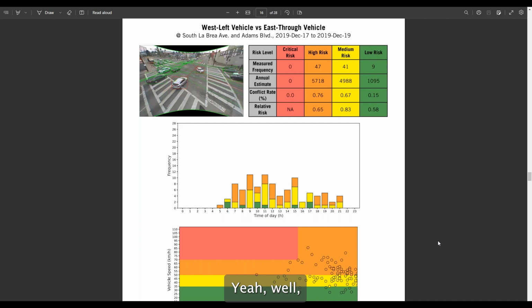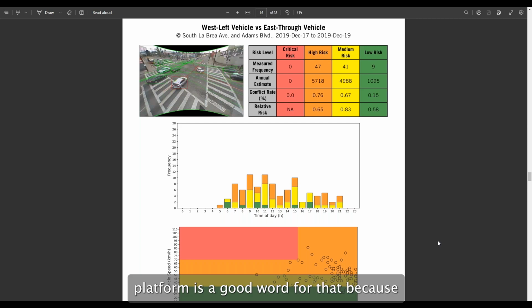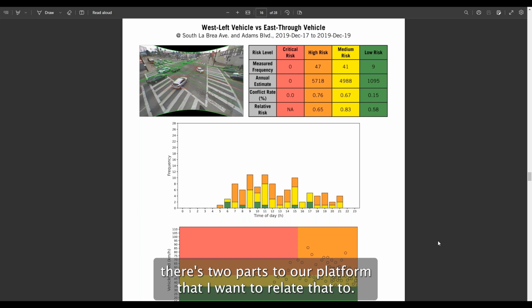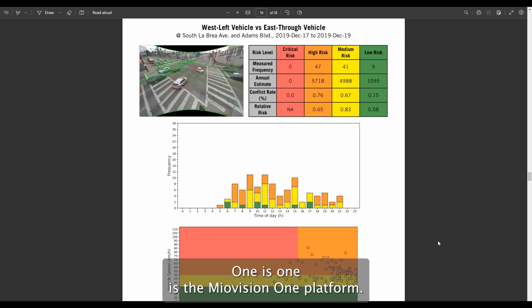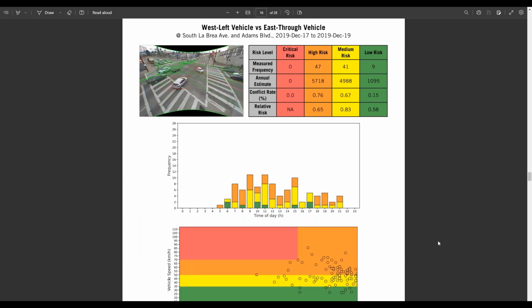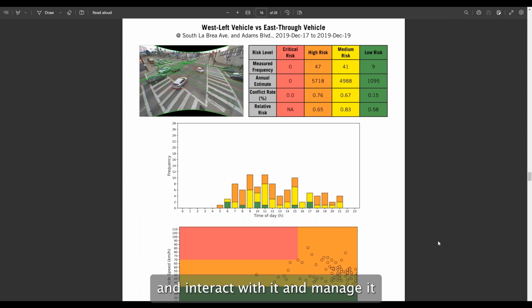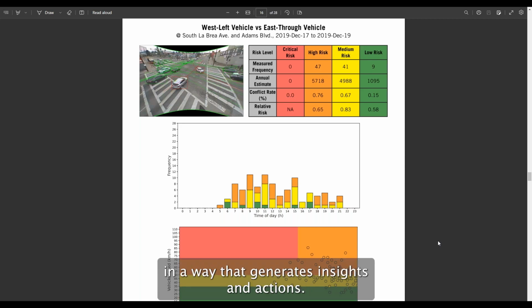Yeah, well, platform is a good word for that, because there's two parts to our platform. One is the Miovision One platform. This is a place where you can see all your traffic data in one place and interact with it and manage it in a way that generates insights and actions.